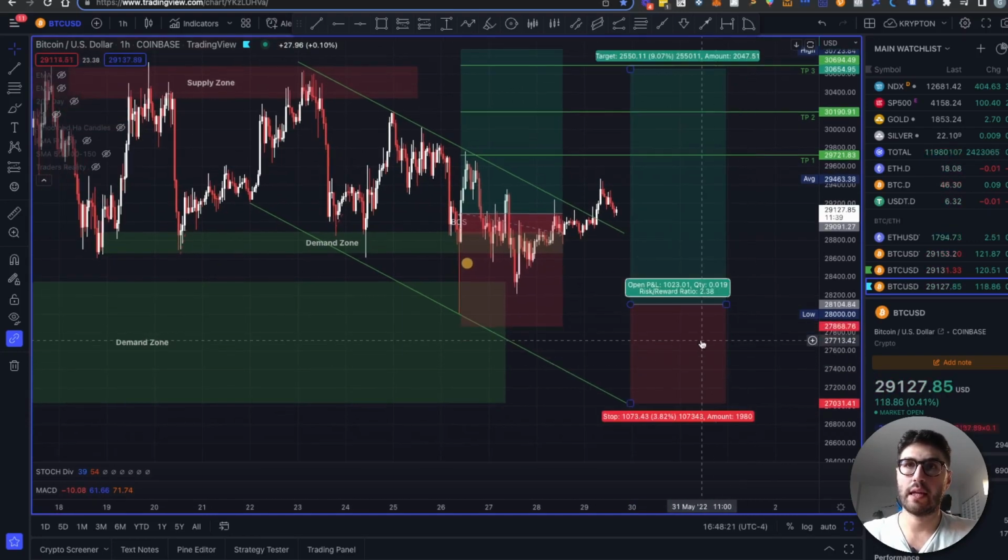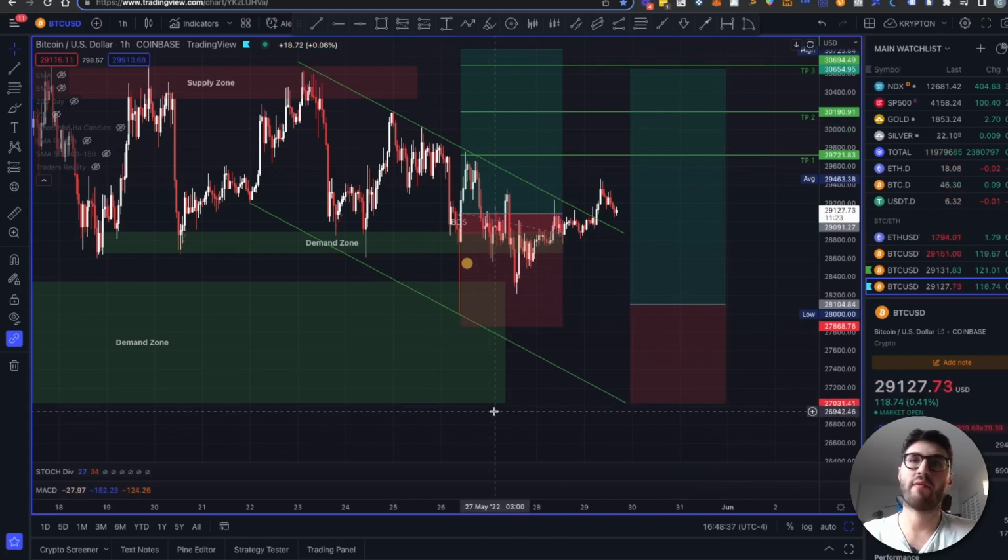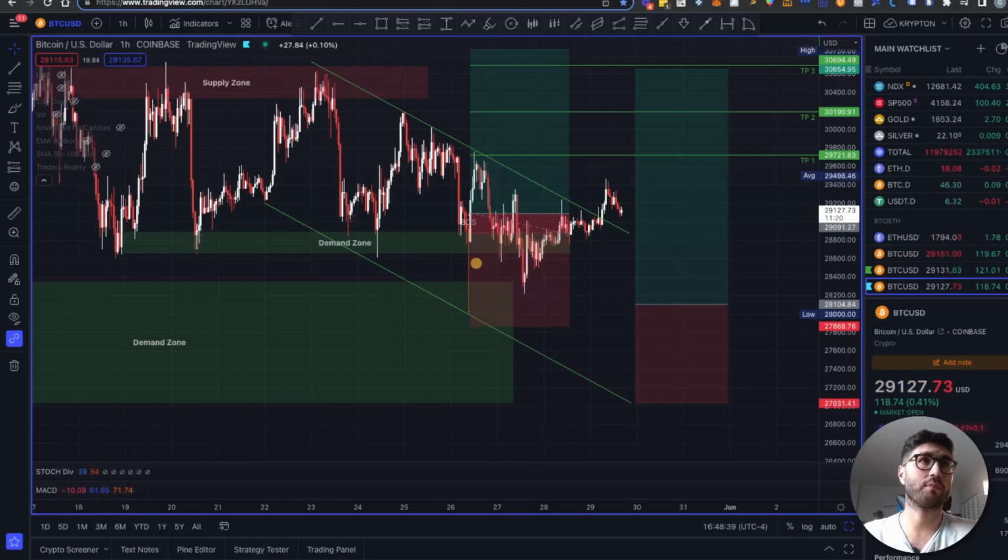Let's say that in this trade I'm willing to lose only 1% of the account, but I am using 10x leverage. If the trade doesn't go my way, I will actually lose 10% of the account. So this is something that you have to take into consideration.